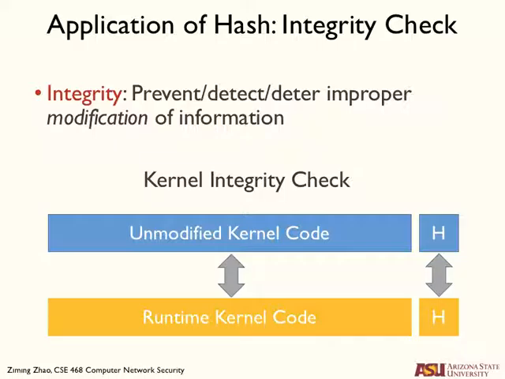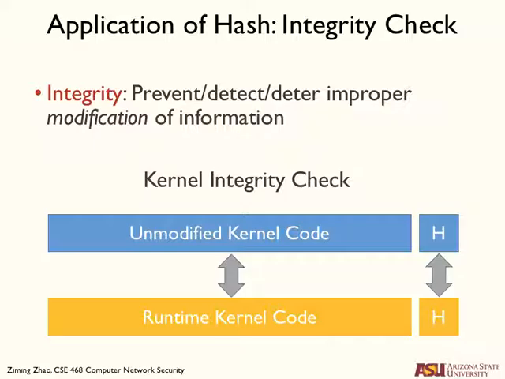So first we compile the kernel, and we know this is a clean kernel. We compute a hash value of all the kernel code. Then at runtime, we continuously check the kernel code regions, compute the hash of it, and compare that with the hash value we know is valid.